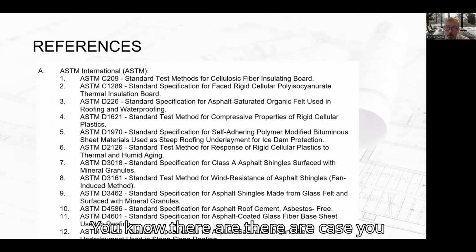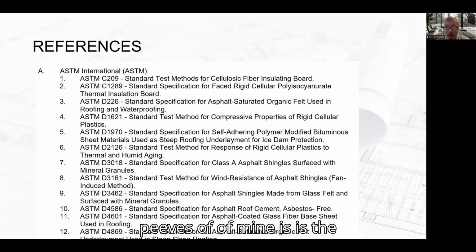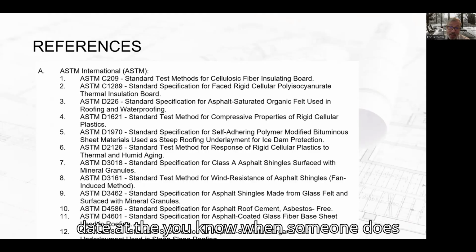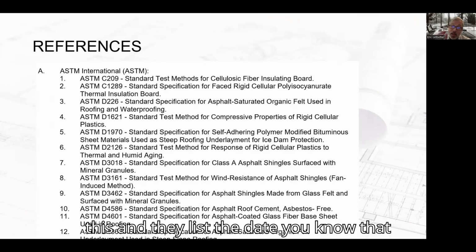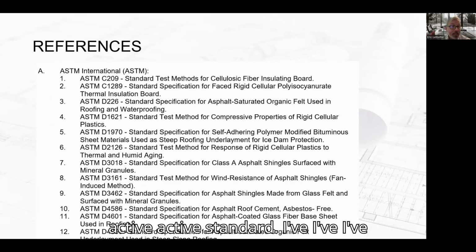There are use cases, I think, for including this and not including this. One of my pet peeves is the date: when someone does this and they list the date, that may or may not be the current active standard.